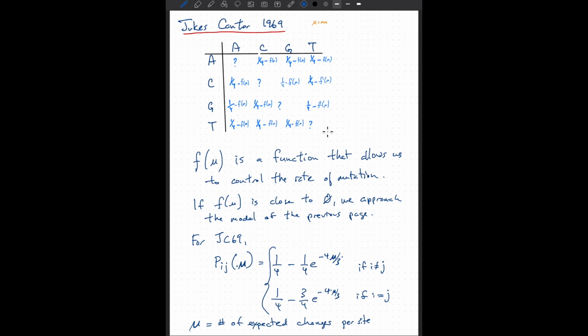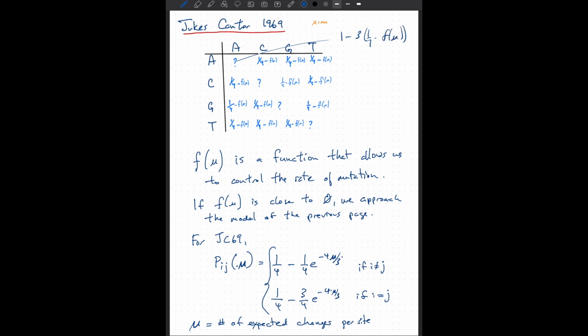I'm not going to worry about the diagonal right now because I know that this entry here is 1 minus all of these guys, right? I mean, I can write that out actually. That's going to be 1 minus 3 times 1/4 minus f at mu, right?